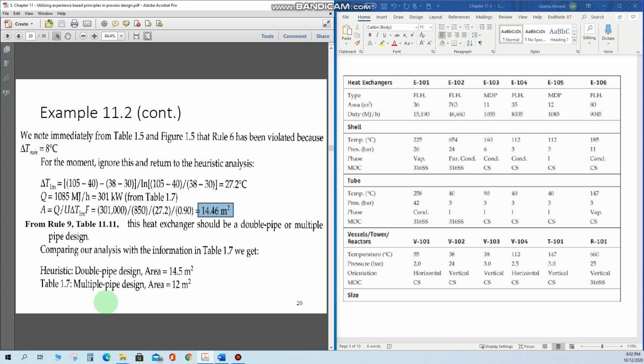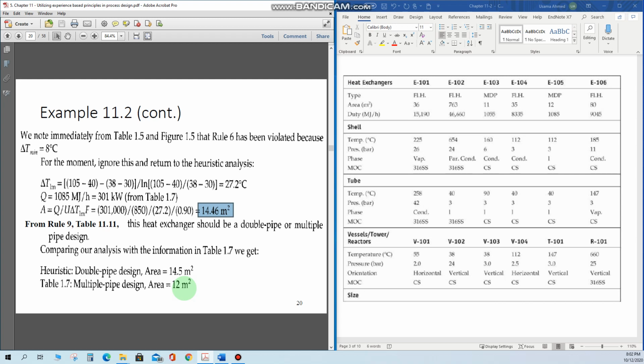And then from table 1.7, the area for this heat exchanger is equal to 12 meter square. So we can see that there is a difference between the areas. It is only 2 meter square difference, which is ignorable.